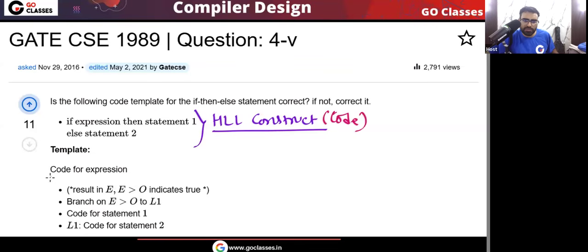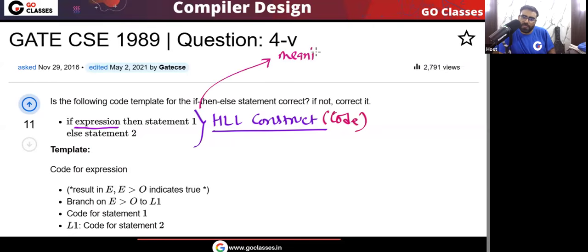Here you can see in this template we have code for expression. For this expression, first we need to calculate whether this is true or false. If this expression is true, then we will execute statement 1. If this expression is false, then we will execute statement 2. This is the meaning, very simple. First of all, let me write it here.